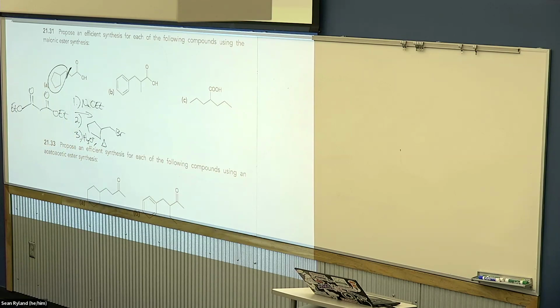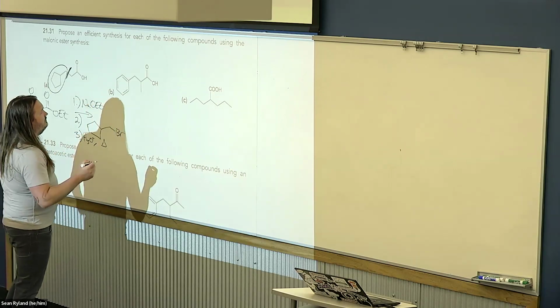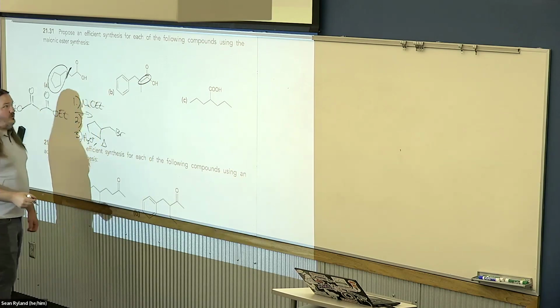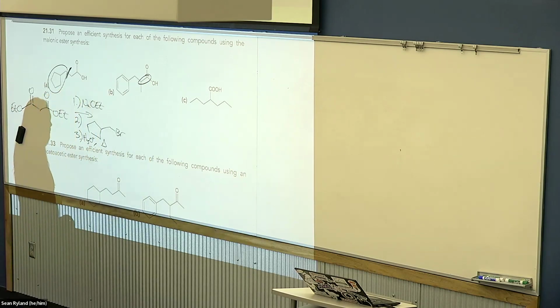The malonic ester synthesis and the acetoacetic ester synthesis always have the same form. It's just what you put in step two, and whether you do it twice before the decarboxylation. Here's one where we have two things added to the alpha carbon, so we've got to do it twice.